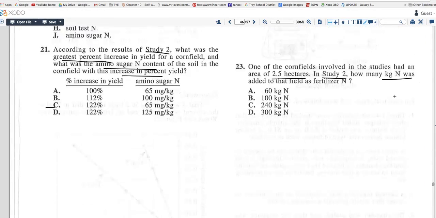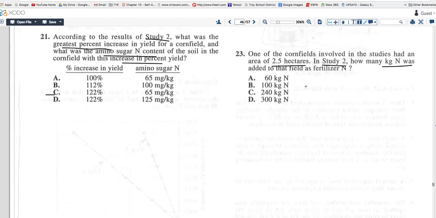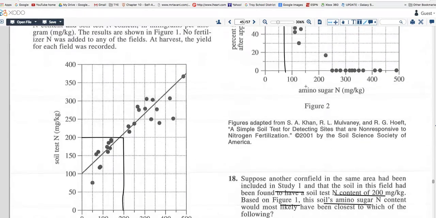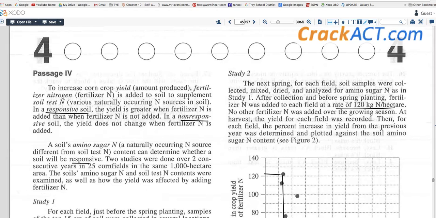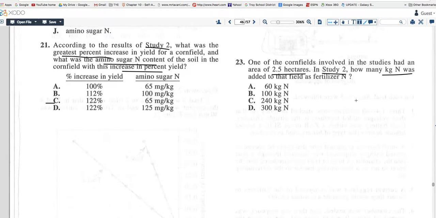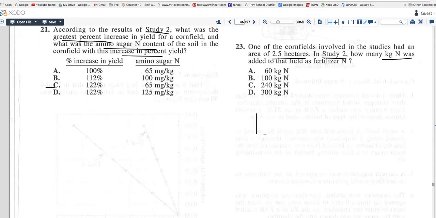Good. So what she's basically doing is, we look at our rate right here. This is 120 kgs per 1 acre. So I'm going to write 1 acre gives me 120.